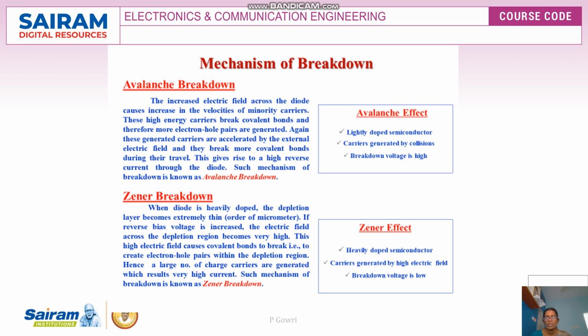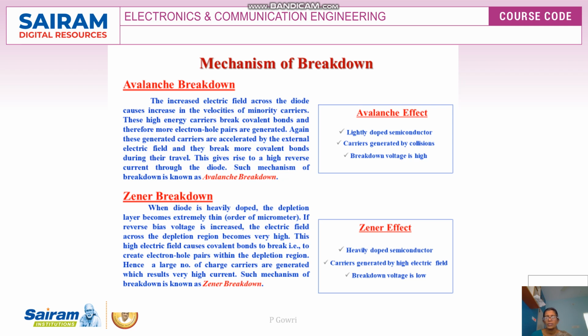These high energy carriers break the covalent bonds, and therefore more electron hole pairs are generated. Again, these generated carriers are accelerated by the external electric field, and they break more covalent bonds during their travel.